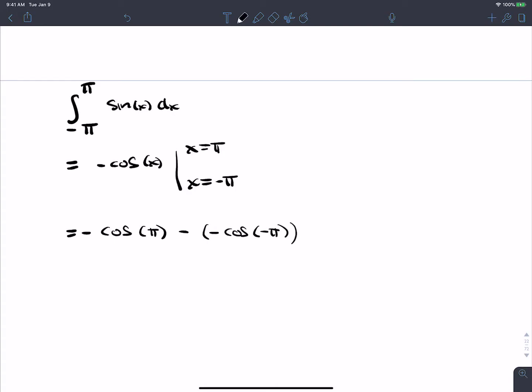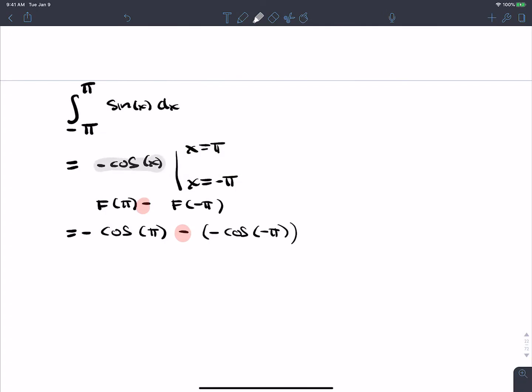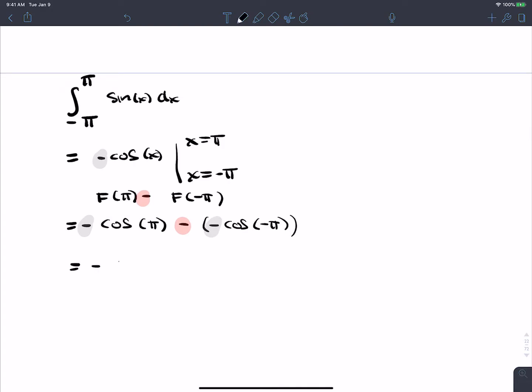Be careful, because we write this as f of pi minus f of negative pi. Remember this? That negative sign is there. Just so happens your antiderivative is negative. That negative sign is here, in here, and there. So you're careful. Is that right? And yes, you have a negative pi as well. So this is minus cosine of pi plus cosine of minus pi.